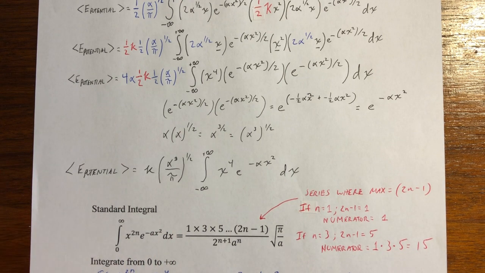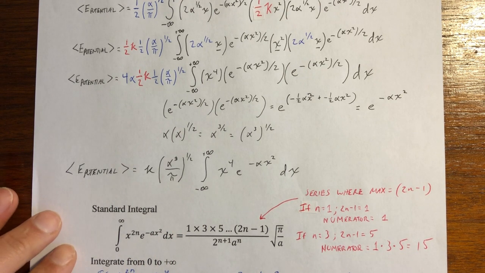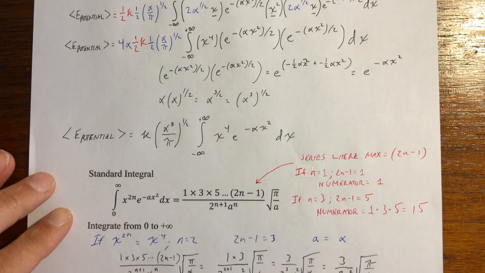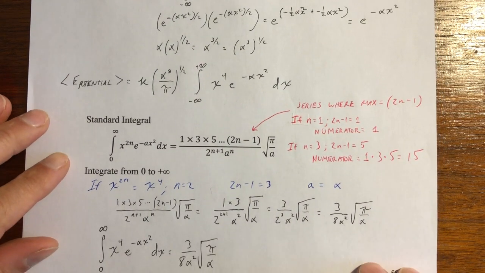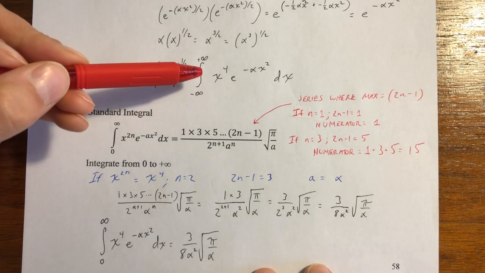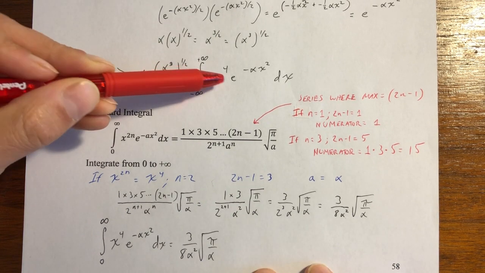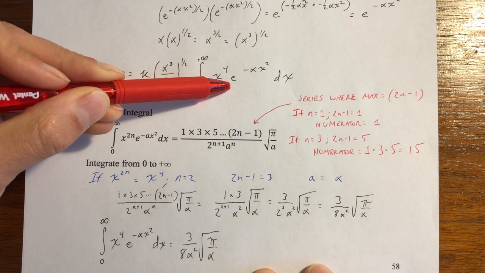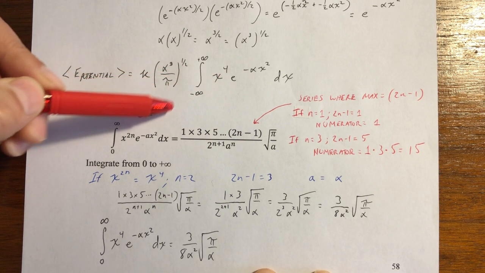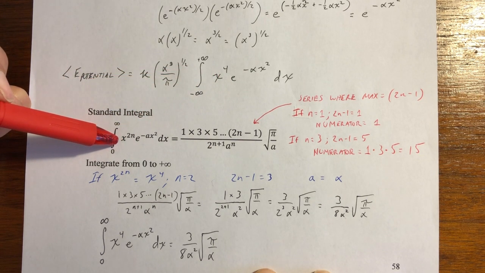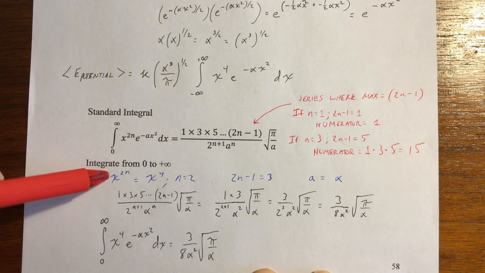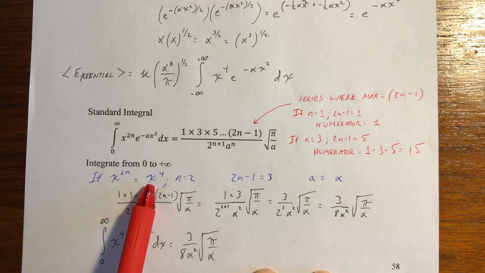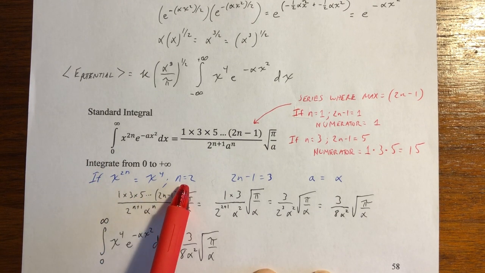Okay, so let's use this integral now, from 0 to positive infinity. So for us, we're taking the integral of x raised to the 4th times e raised to the negative alpha x squared. And so, if x raised to the 2n is going to be equal to x to the 4th, we can solve for n and see that for this integral, n is going to be equal to 2.